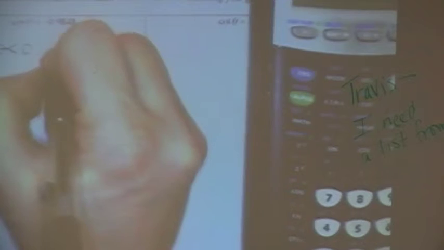All right, so cosine's negative. Cosine of theta is less than 0 in quadrants 2 and 3. So you're going to inverse cosine.